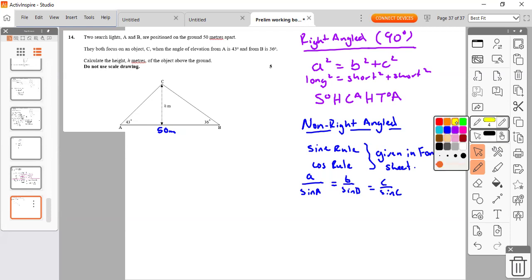Now, in this question, we've got labels A, B, and C, so that helps. The angle at C is across from the 50 meters we're given, so that would be side c.